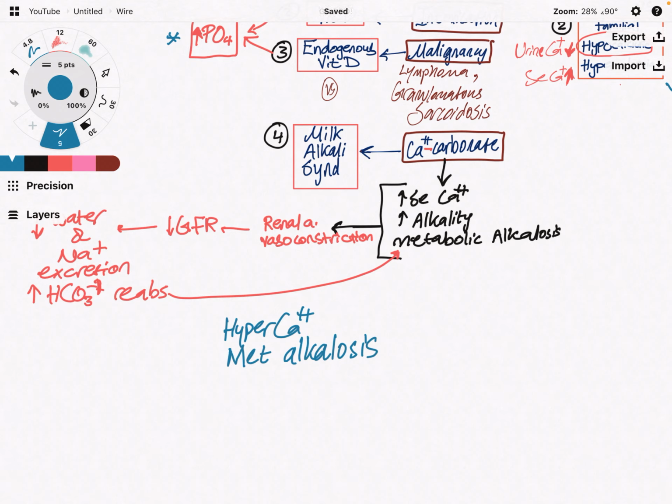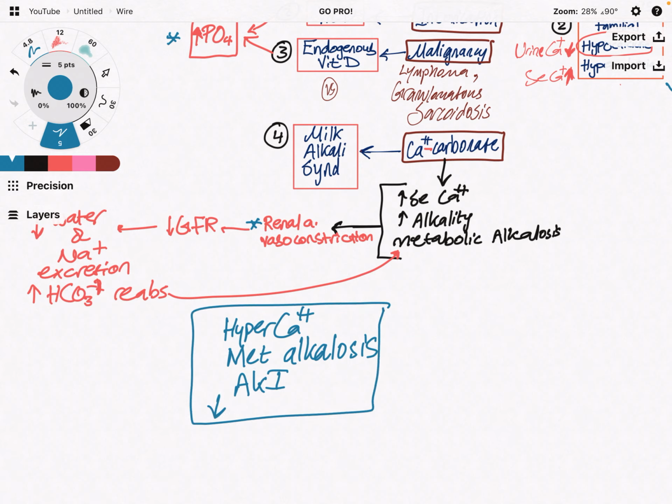Together with these two, these patients usually also have acute kidney injury. Why is that? Because we said that they are inducing a renal artery vasoconstriction. So a combination of these, together of course with low parathyroid hormone, because it is suppressed with the negative feedback, this should actually ring a bell for milk-alkali syndrome.